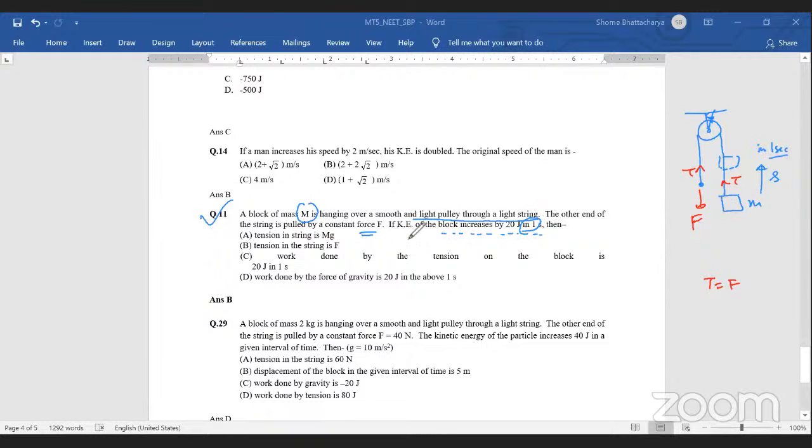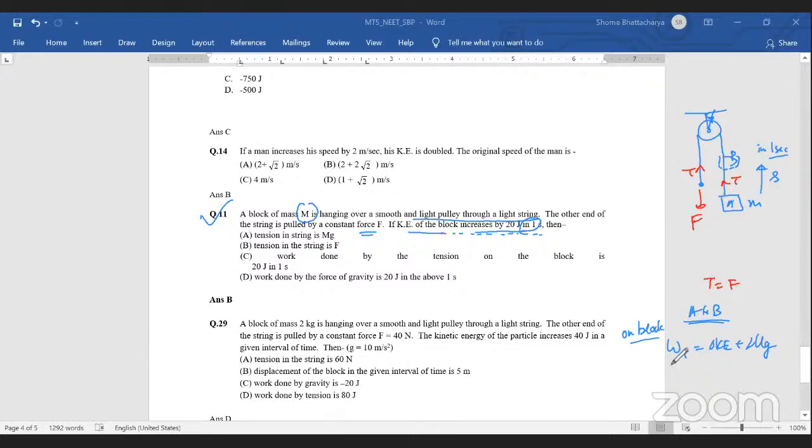So the kinetic energy of the block increases. So going from here to here, from position A to B, the work done by the tension on the block should be equal to the change in kinetic energy plus change in gravitational potential energy.